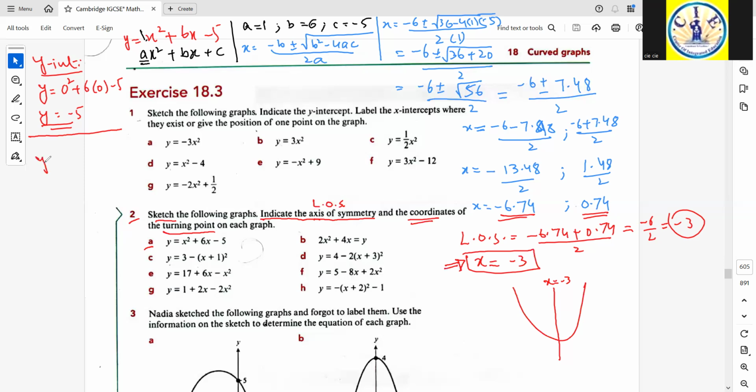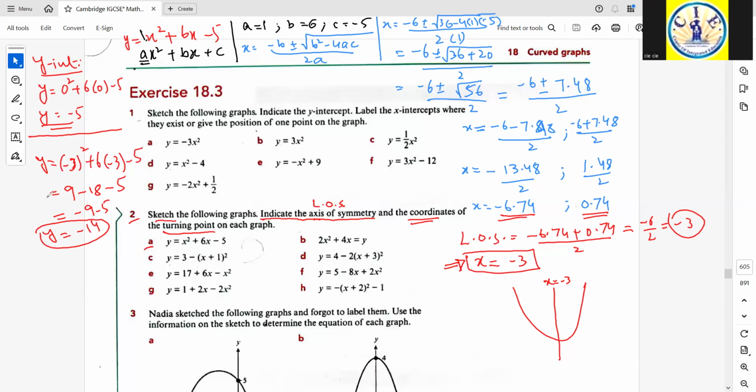So that would give us y equals to negative 3 squared plus 6 times negative 3, negative 5. So positive 9, negative 18 minus 5. So this is negative 9 minus 5. y equals to negative 14.